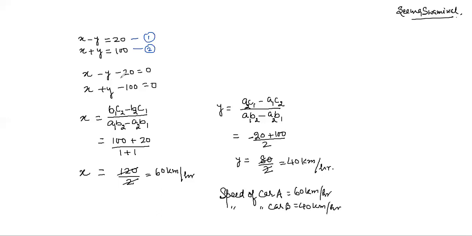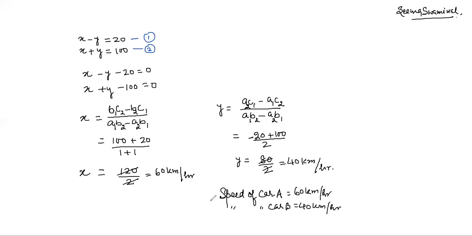C1 is minus 20. So it is minus 20. Minus from the formula. And then children, this is A1 C2, again minus 100, minus of this, and the minus that you got from here will make it positive 100, and it is 80 by 2, therefore it is 40 kilometers per hour.